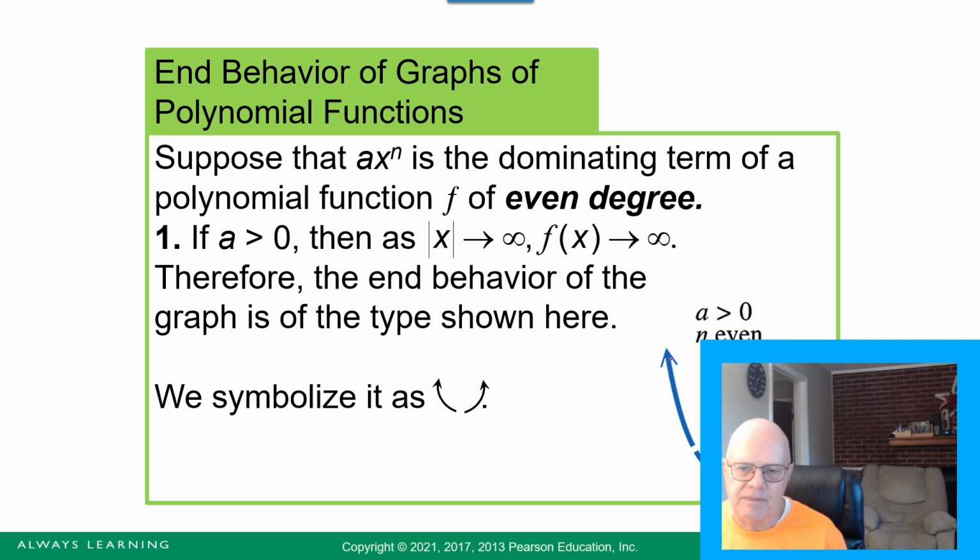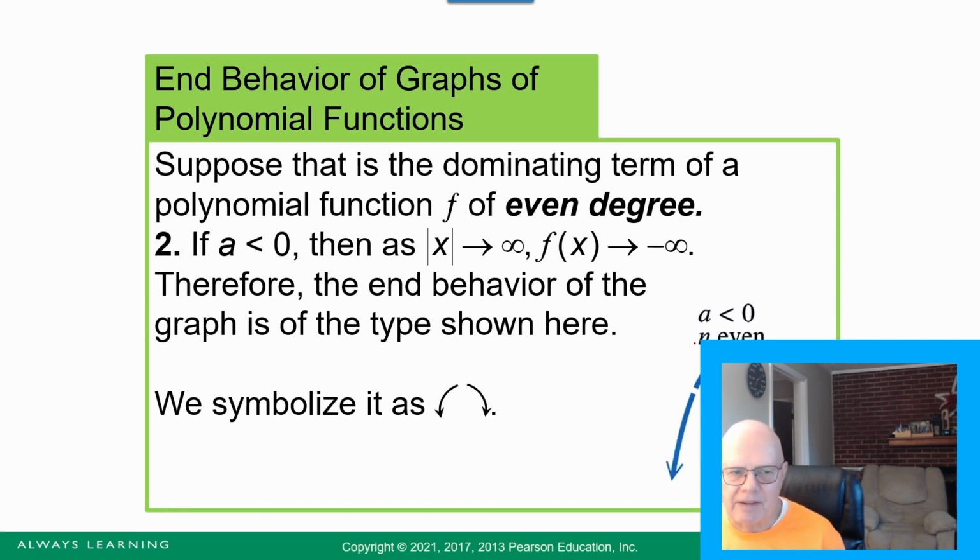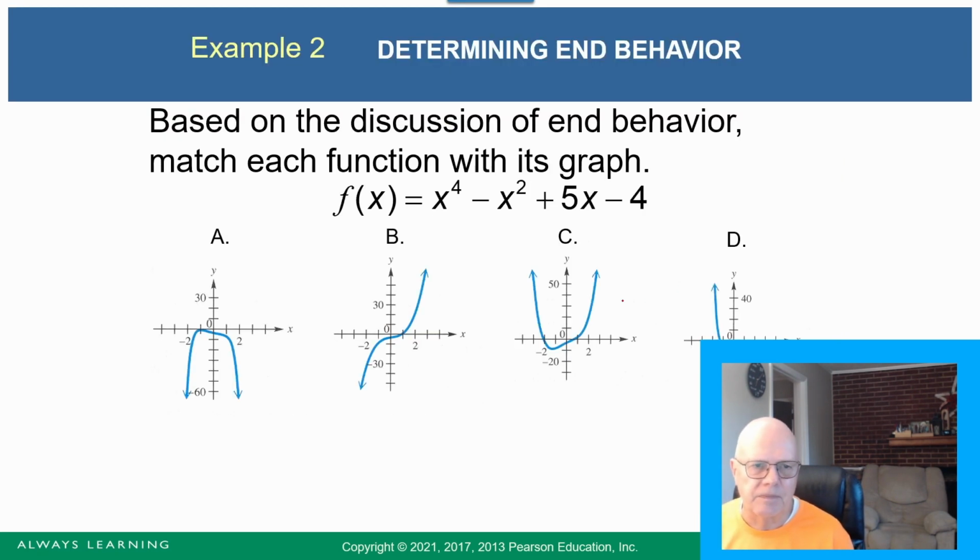If it's even, if that number is positive, it's going to look like this, both ends going upward. If it's negative, then it's going to be upside down. They're going to be both going negative or down.